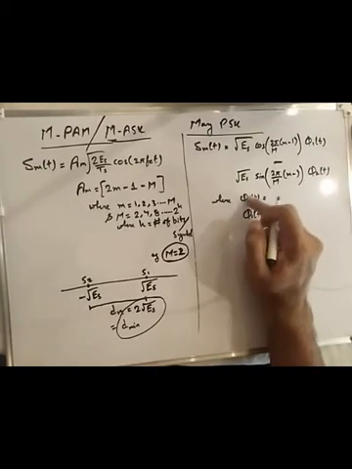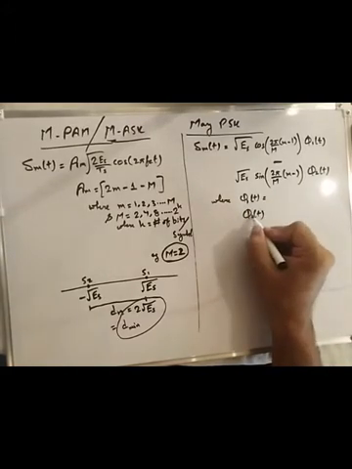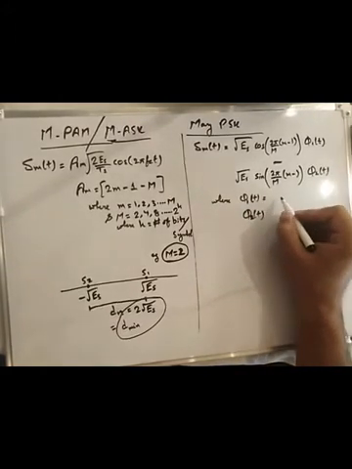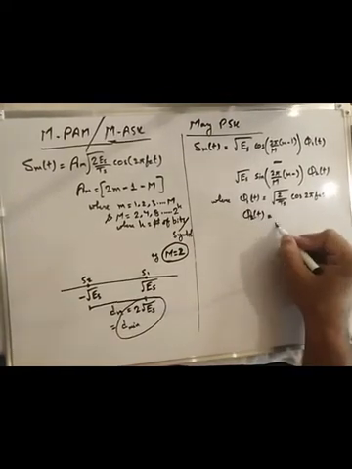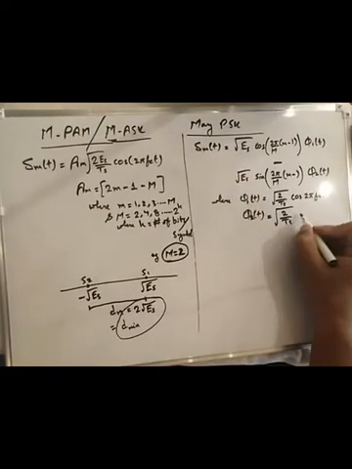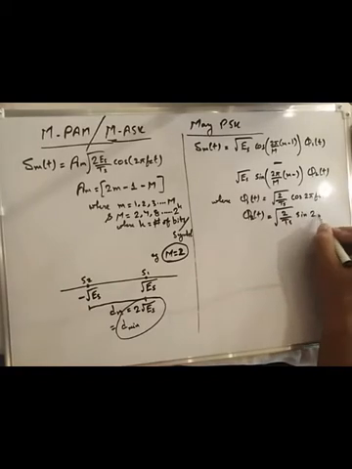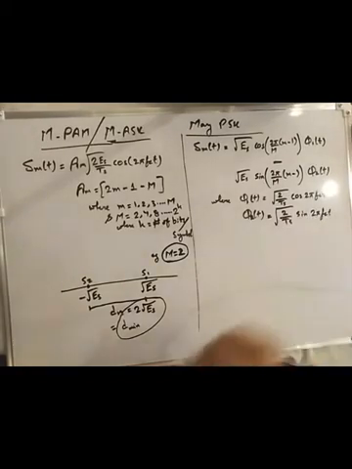So phi 1 of t and phi 2 of t have the expressions under root 2 over Ts cos 2 pi fc t and under root 2 over Ts sine 2 pi fc t, right?